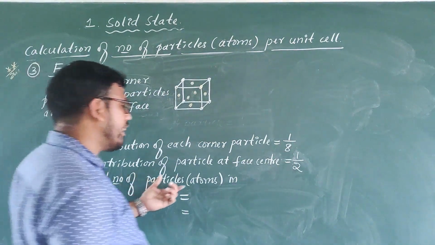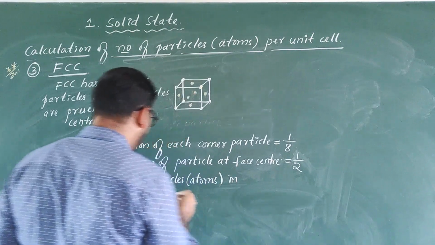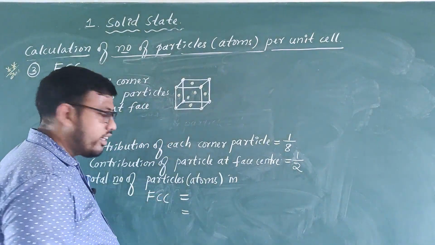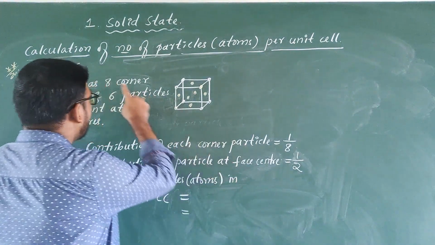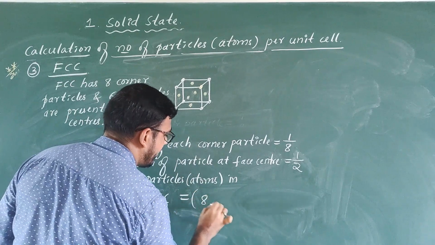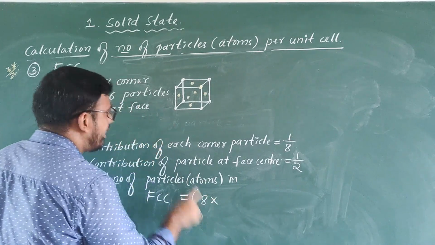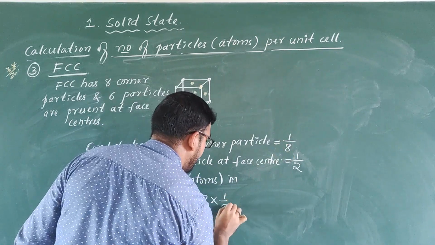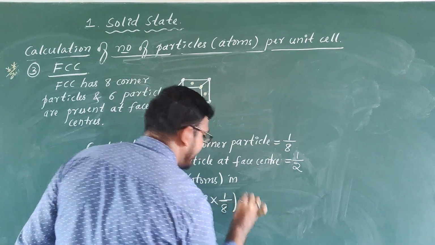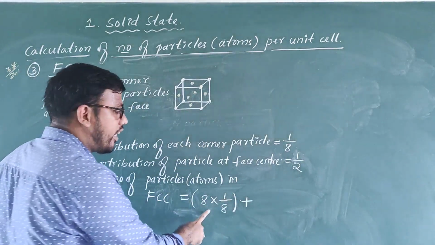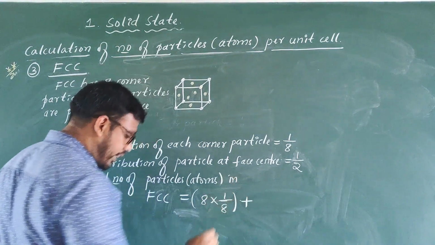So therefore, total number of particles or atoms in FCC unit cell is equal to, see, there are 8 corner particles. So first let us talk about corner particles. 8 corner particles, their contribution is 1 by 8, plus, why is there a plus? Because there are two types of particles, corner particles and face center particles.